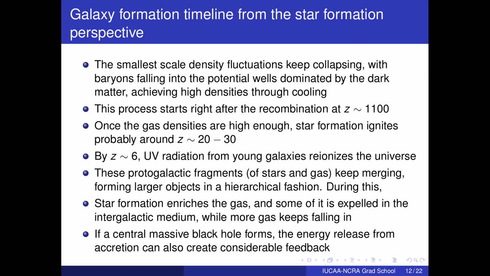During this, star formation enriches the gas, and some of it is expelled into the intergalactic medium, primarily through supernova explosions, while more gas keeps falling in because of gravity. If a central massive black hole forms, the energy release from this can create considerable feedback.